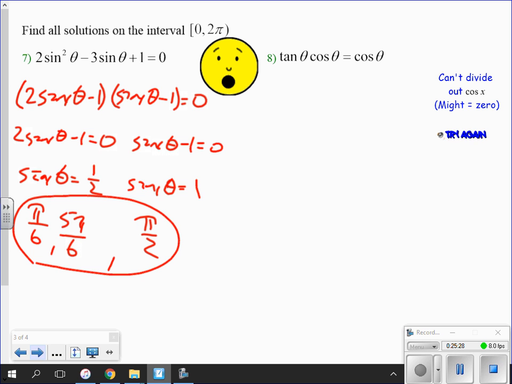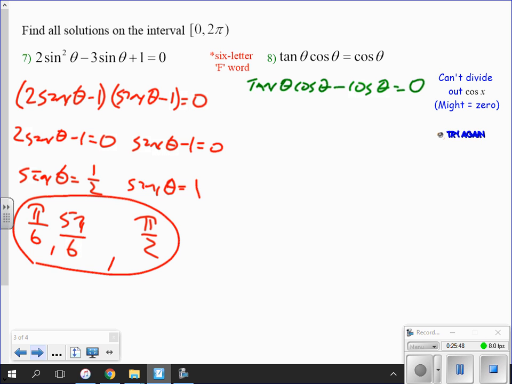Set it equal to 0. Yep. 6-letter F word: factor. So set it equal to 0, subtract cosine theta from both sides. Tangent of theta times cosine theta, minus cosine theta equals 0. Now, 6-letter word that starts with an F: factor.